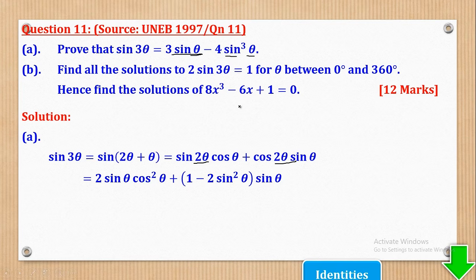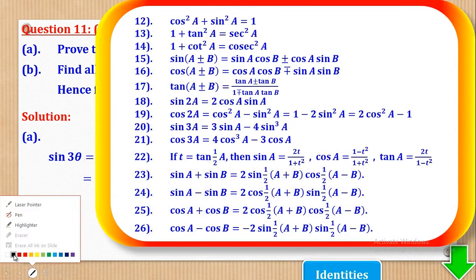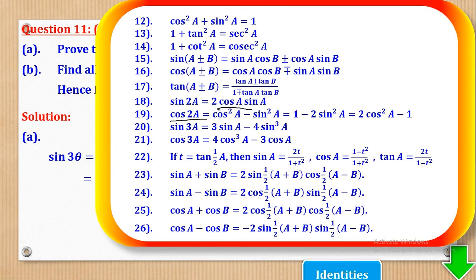That means that when you go to this identity of cos 2 theta, this cos 2A identity is not needed because it has sine. This one is not needed because it has sine, and this one is what we shall use since it has only cos. For sine 2 theta, it is only one identity, so there is no option, we have to put it there. So we're going to put this and this.